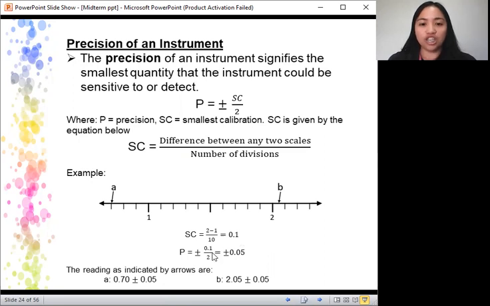To get your precision, your 0.1 smallest calibration should be divided by 2 to give the plus minus 0.05. So, that is the precision of your instrument.